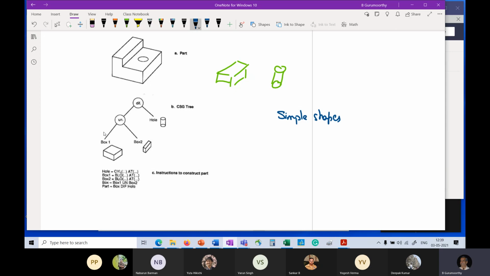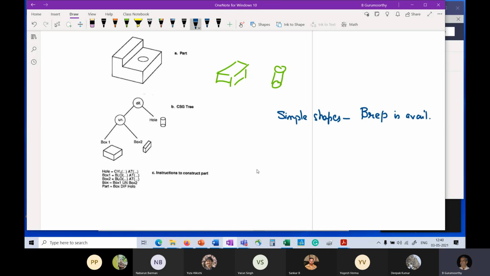We have not tried to represent a cylinder so far, but we have represented cuboids, and we can do that. And so when I say the primitive is a simple shape, what it also means is that I have its BREP available with me, meaning that the boundary representation of the simple shapes are available.